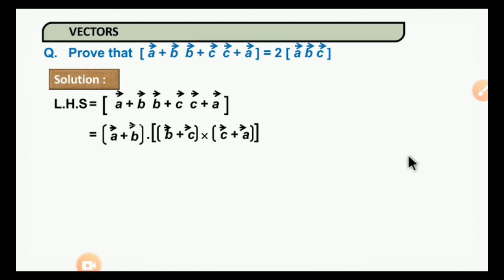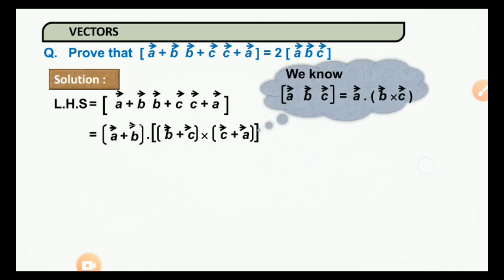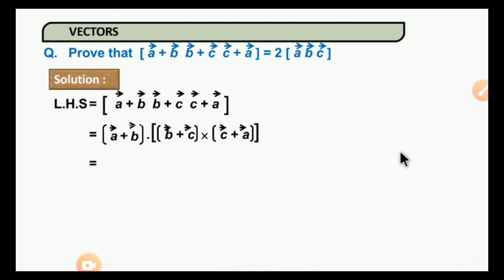Now in the next step, we know that the box product is equal to A dot B cross C. Then here we can write it A plus B dot, here within this bracket we have to multiply the vectors.